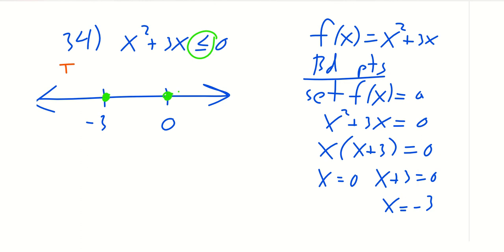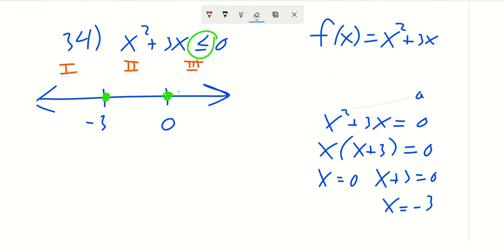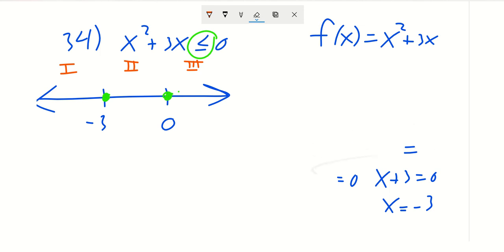Those two numbers break up the number line into 1, 2, 3 distinct regions. And now we're going to use the method of test points to check the sign of f of x within each interval. So let's go ahead and do that.